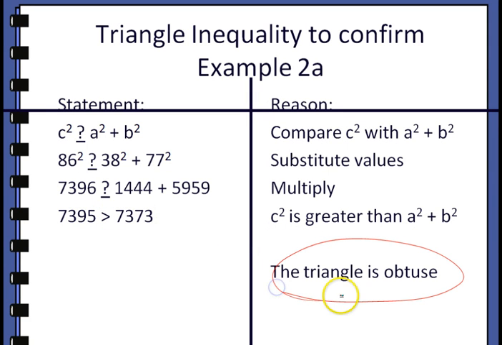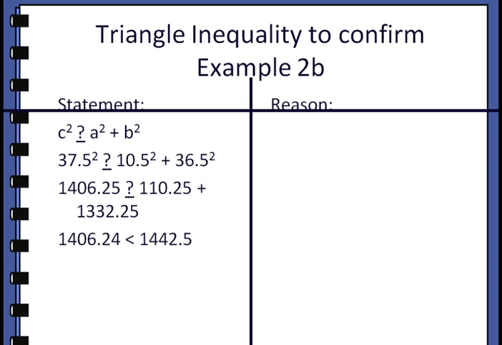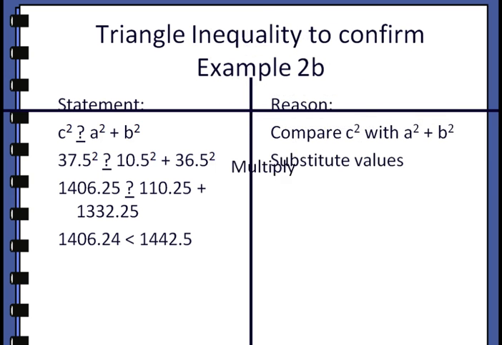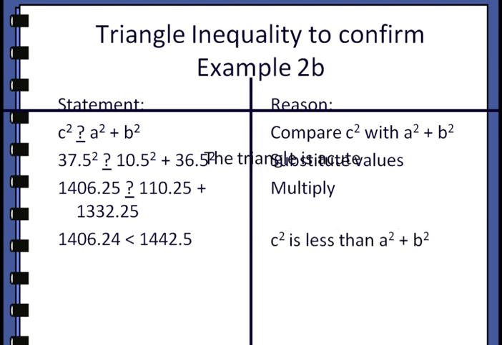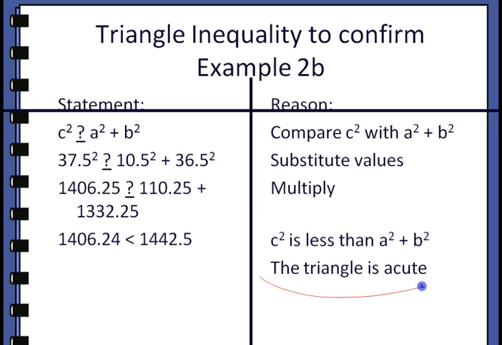So this triangle is obtuse. Now, if we look at the other triangle where 37.5 squared was the largest side, and we're looking at 10.5 squared plus 36.5 squared, when we get all the way down and look at it, we notice that the square of the largest side is less than the sum of the squares of the two smaller sides. And in that case, we can conclude that this triangle is acute.